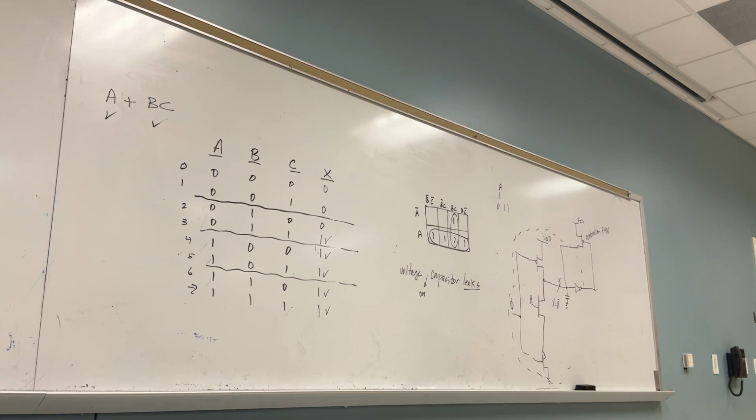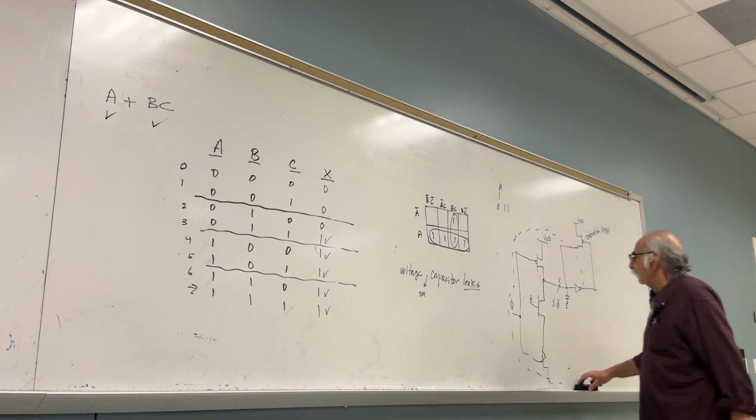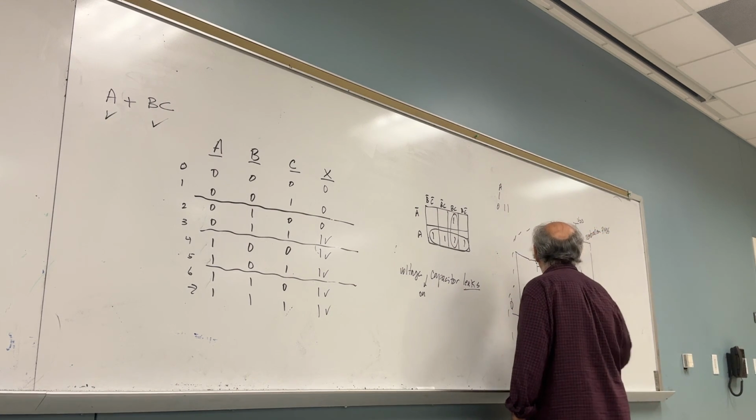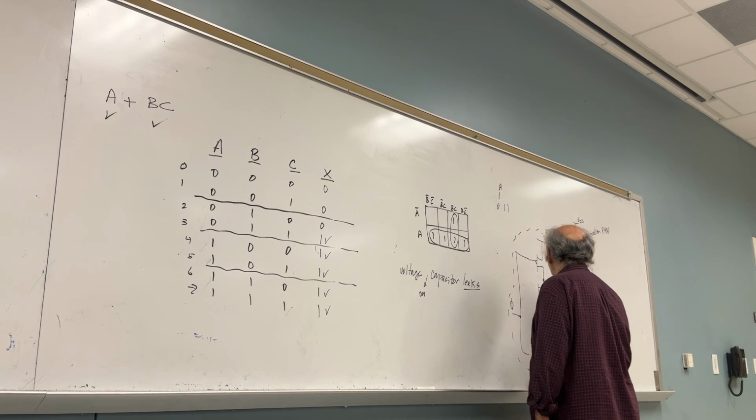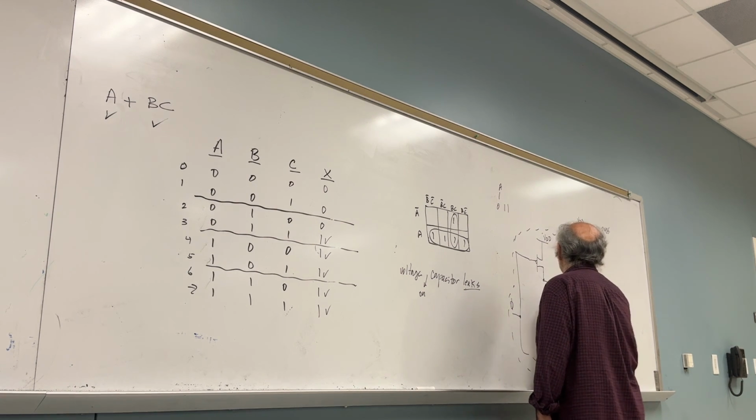Clear? Okay, good. Now, can we change it back to the original one? What was it? I lost it. What was it? I don't know. B and C. What is this? A bar.